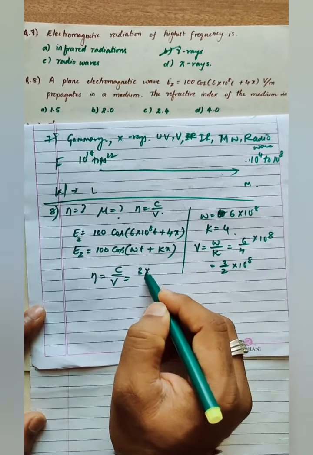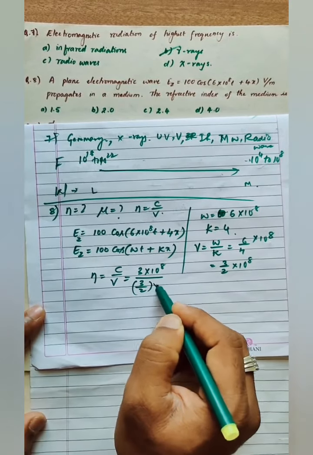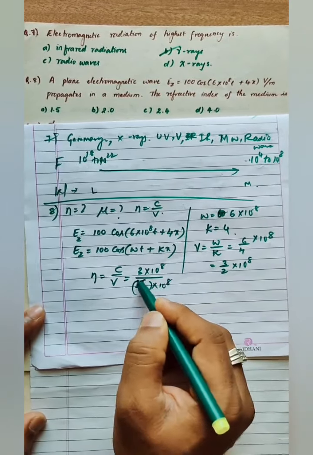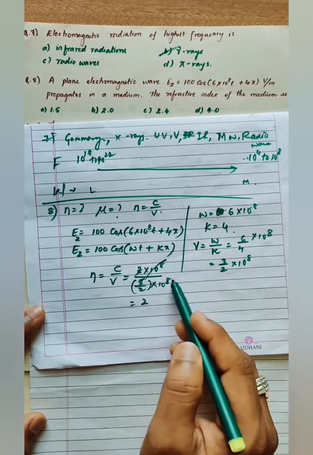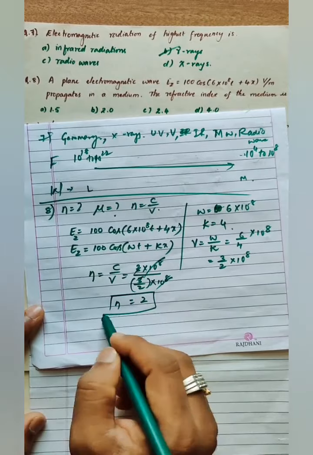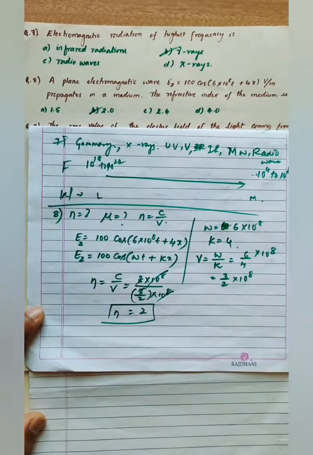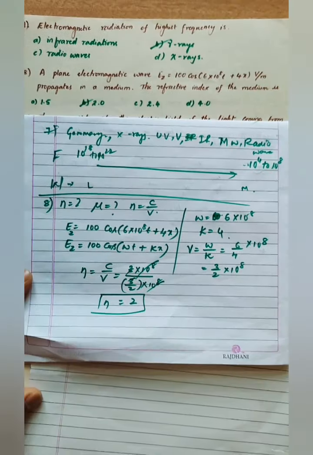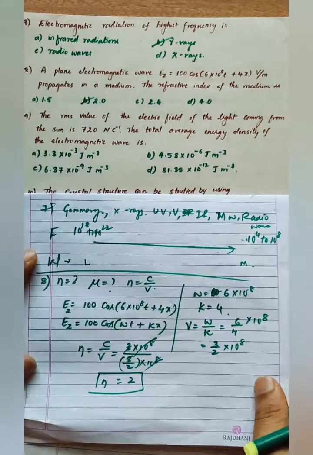C is 3 into 10 power 8 divided by 3 by 2 into 10 power 8. So 3 gets cancelled. Finally 2 is the answer, and we don't have a unit. Refractive index n is equal to 2. So option B is the right answer. Okay, so now we'll move on to the next question.